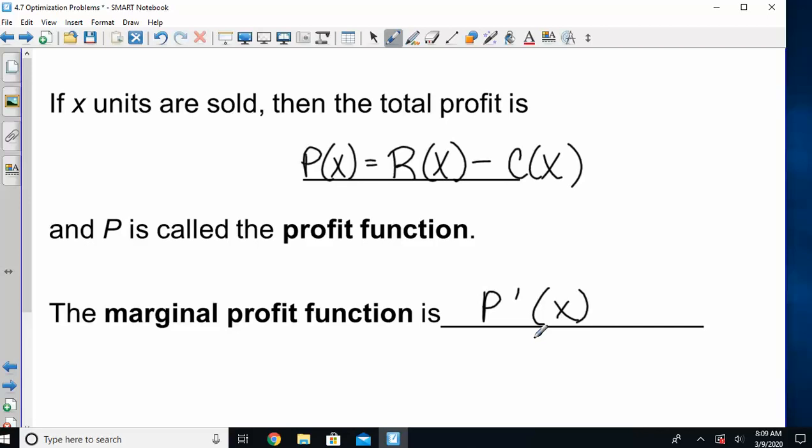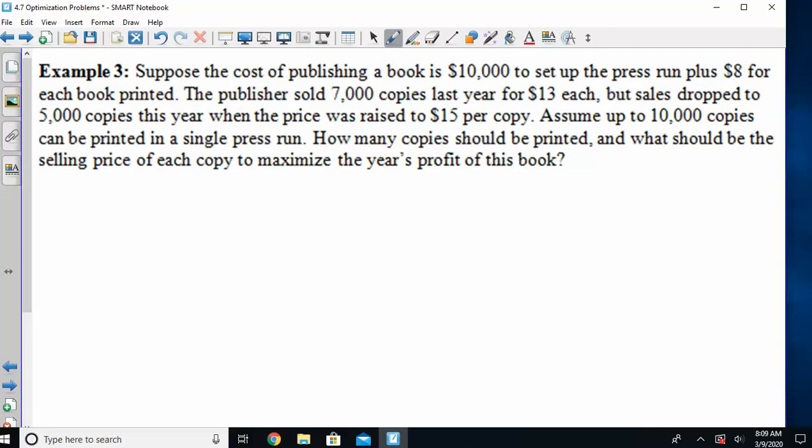Look at a problem. Suppose the cost of publishing a book is $10,000 to set up the press run, plus $8 for each book printed.